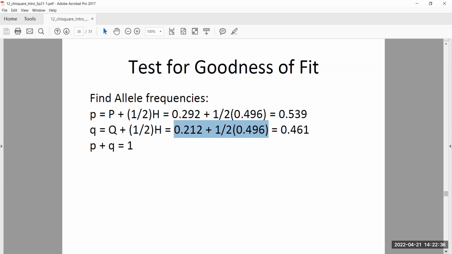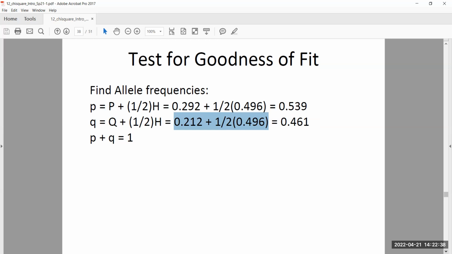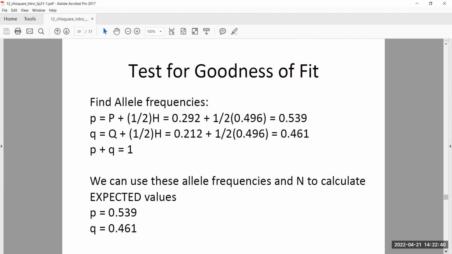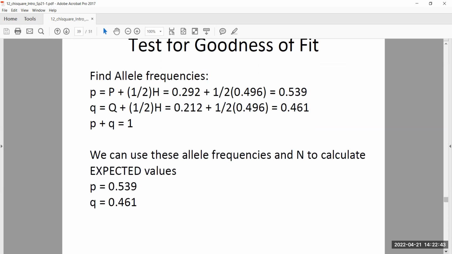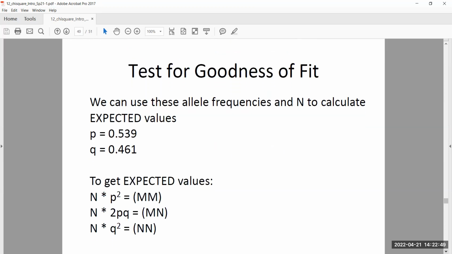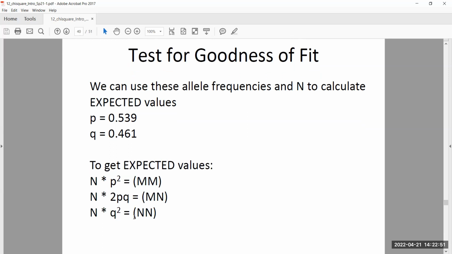All right, now we found the allele frequencies. We need to use those to find the expected values for our chi-square test. Assuming our population is in Hardy-Weinberg equilibrium, we can find the expected count of individuals of our big M genotype by taking capital N times P squared, right?